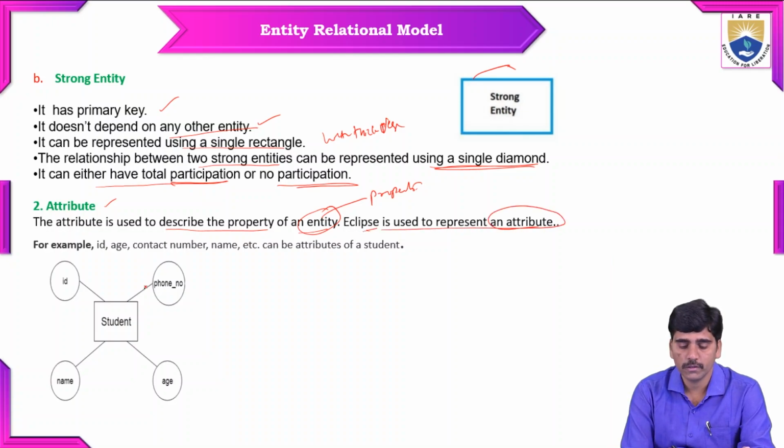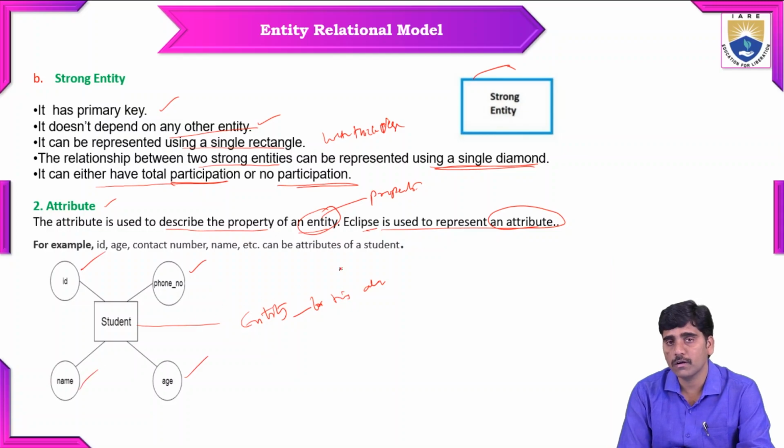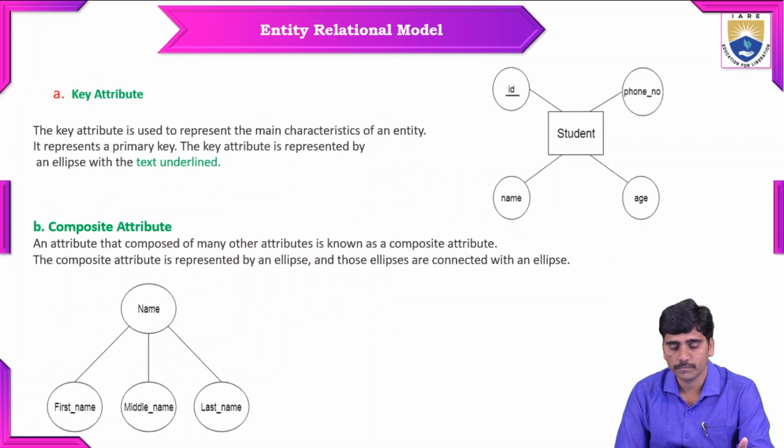For example, take a student as an entity. All the properties, ID, phone number, age and name, are attributes, and they are all properties of that student.